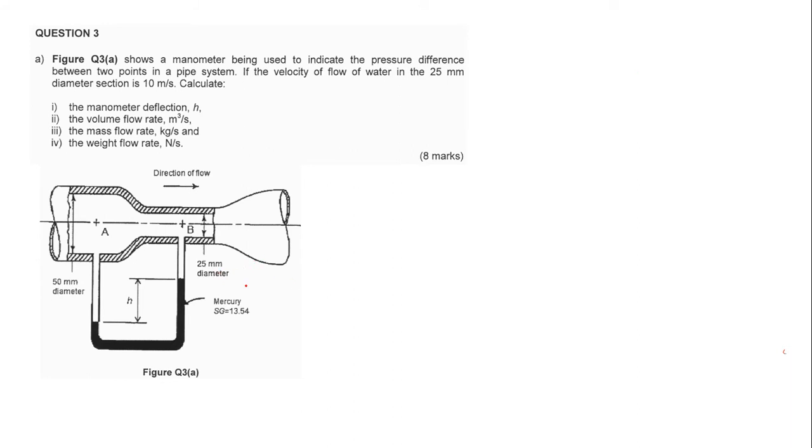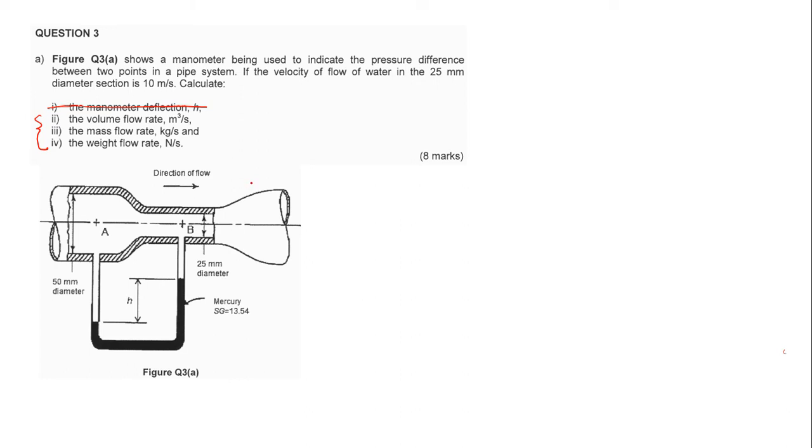Ni pun from past papers. Ni pun ada manometer juga, so we can ignore the first part first, because we have not covered the Bernoulli equation yet. We just focus on the part that we can do. Figure Q3A shows a manometer being used to indicate the pressure difference between 2 points in a pipe system.